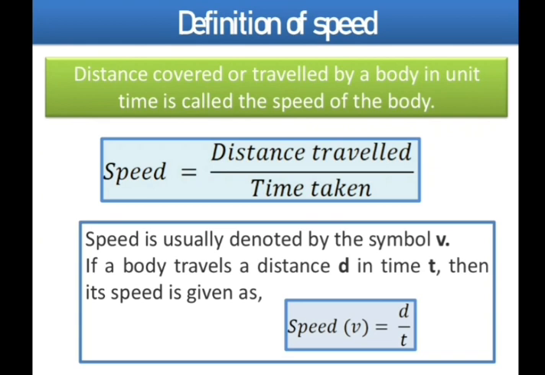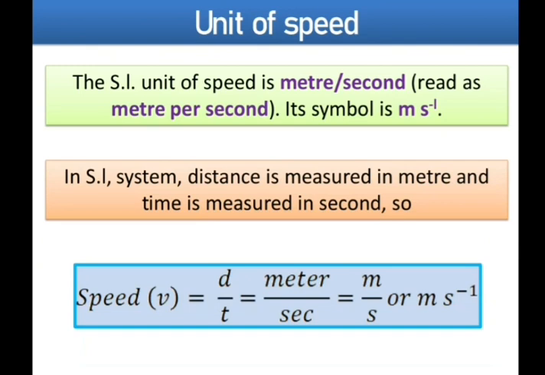Here the speed is denoted by a small v, the distance traveled by the body is denoted by a small d, and time is denoted by a small t. So we can write that speed, that is v, is equal to d by t. We know that the SI unit of distance is meter and the SI unit of time is second.